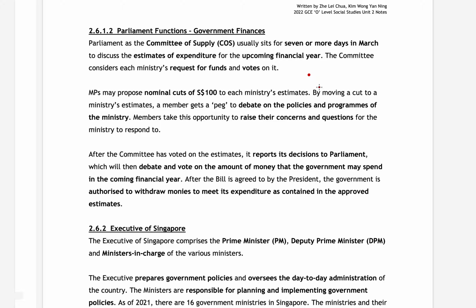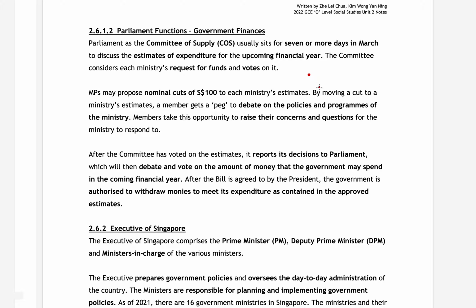The ministries, the ministers, will make the request for the funds. Oh, I want to do this, I need this amount of money to do this, and then the committee will consider each ministry's request and vote on it to approve that budget. MPs, all of them have a pact to raise debates on the specific policies and programs of the ministry.